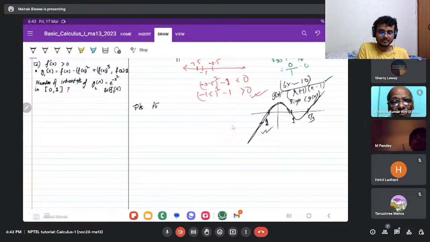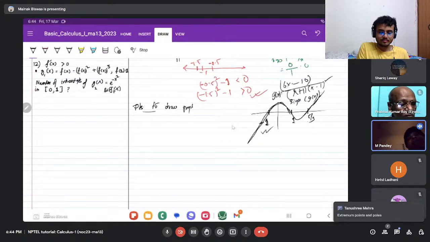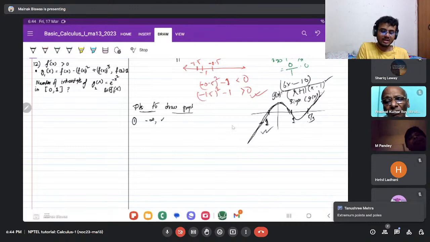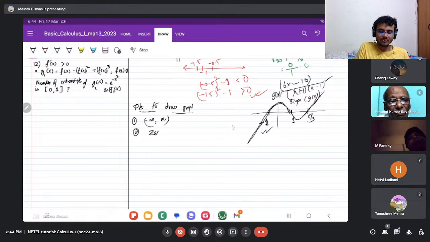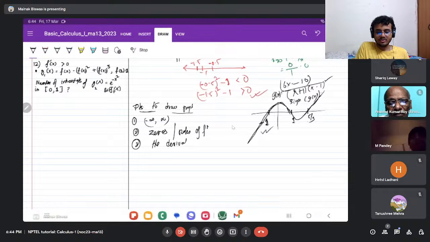Go ahead. So we first calculate the interval in which the function increases or decreases. So first I take minus infinity to infinity, and see what you will get. Number 2, zeros and poles of the function. Number 3, the derivative of the function.